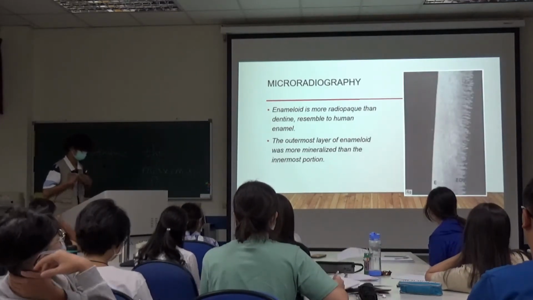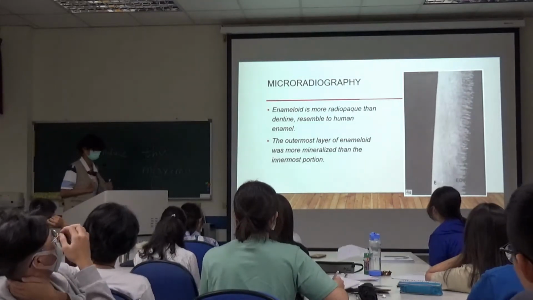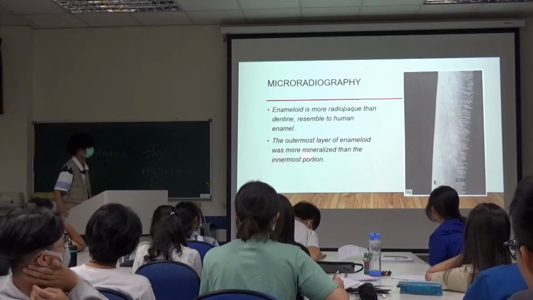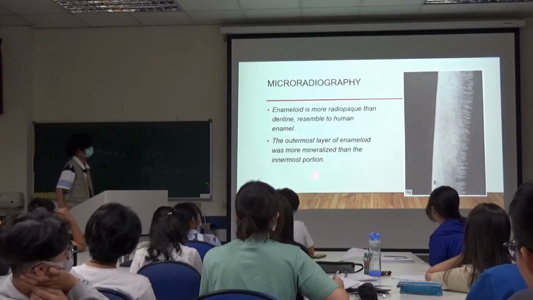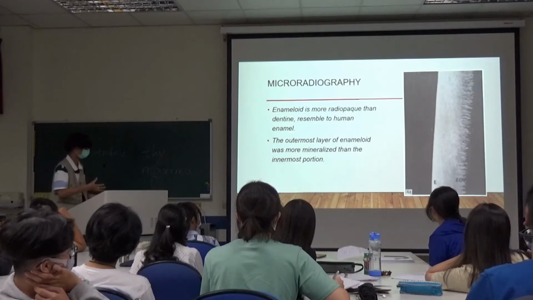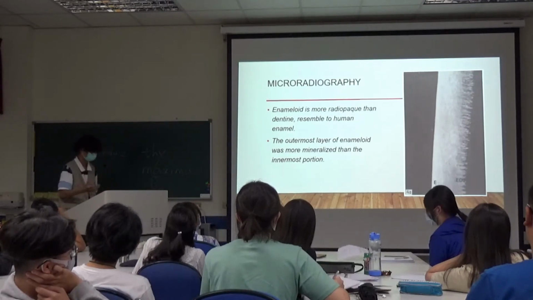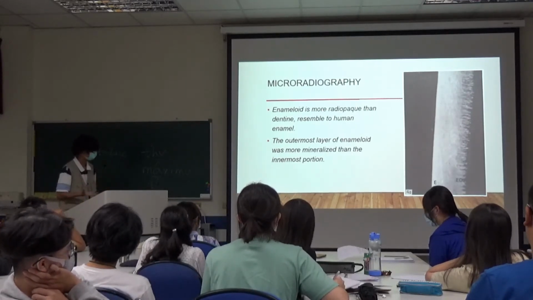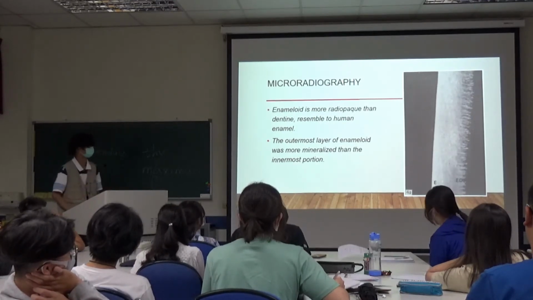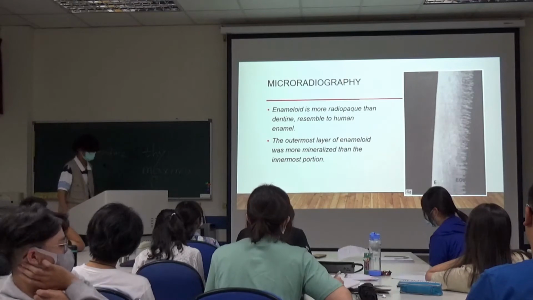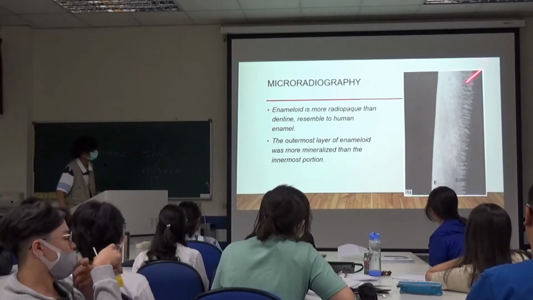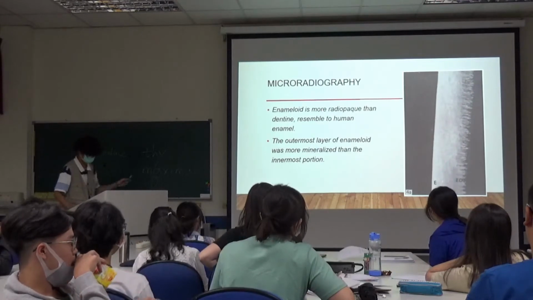So this is the microscopy of the enameloid, and this shows the mineralization. Mineralization means like mineral is like stone or steel, Minecraft, and mineralized like became a mine. So this is the outer part of the enameloid, and this is the inner part to the dentin.